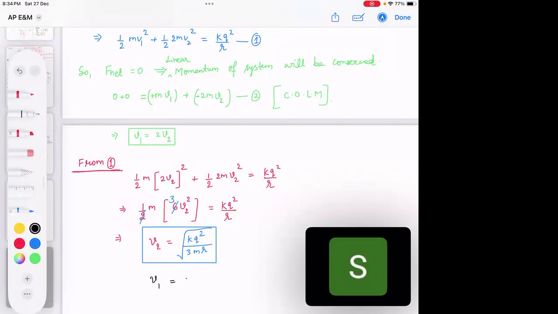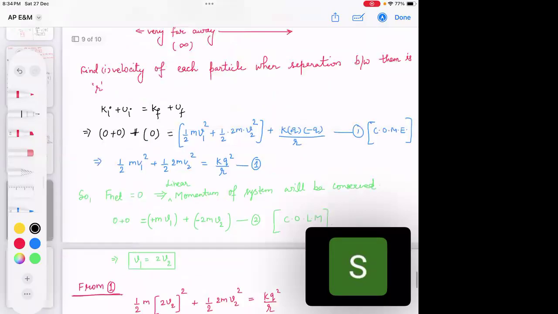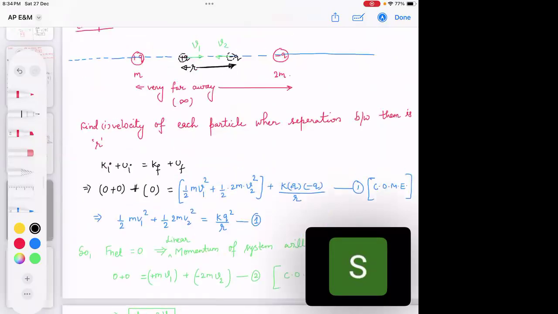V1 will be 2 times V2. So V1 is 2 times the square root of kq square by 3mr, and this is the V2. Are you clear about the V1 and V2 calculation?